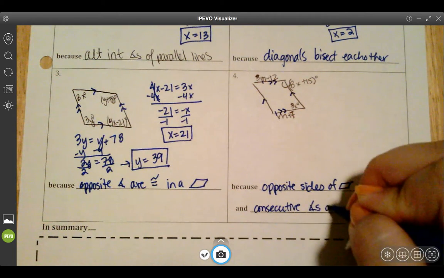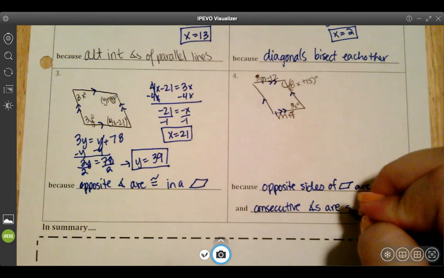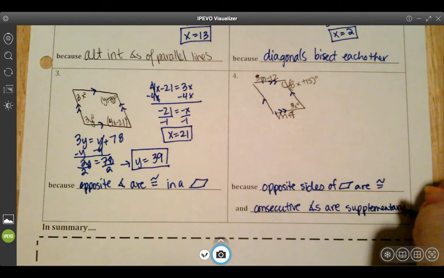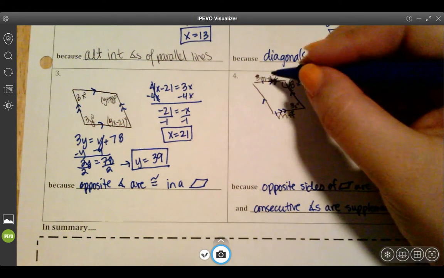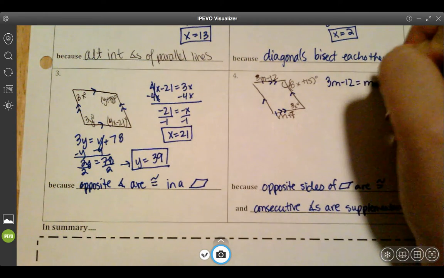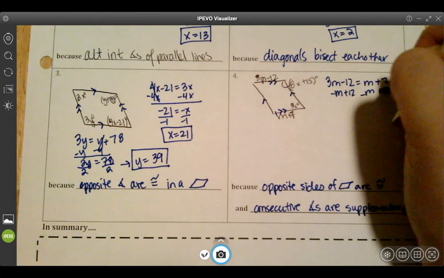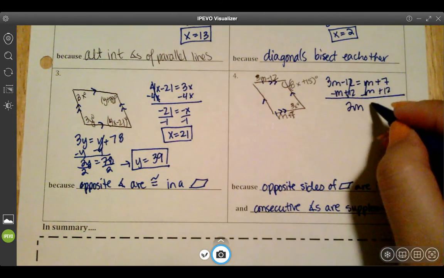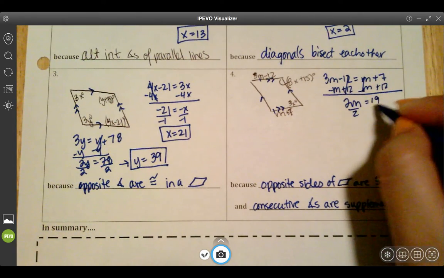Angles are not congruent, but supplementary. So let's start with the opposite sides. That's 3m minus 12 equals m plus 7 minus m plus 12. 2m equals 19 divided by 2.